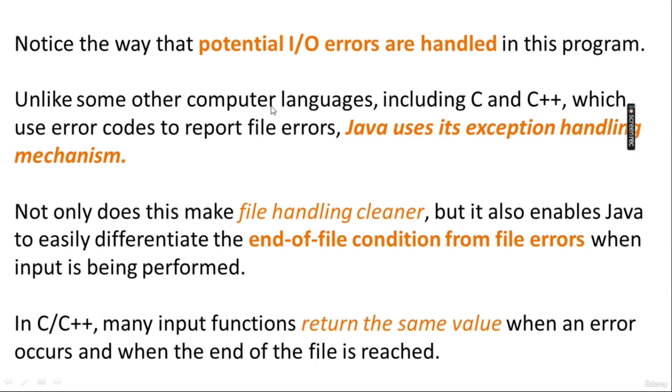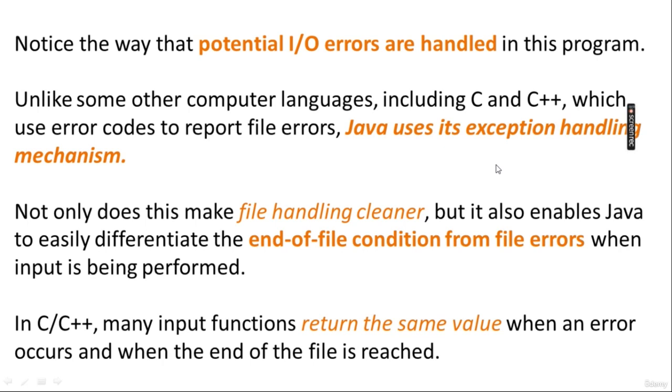The potential input output errors are handled in this program. Unlike some other computer languages, C and C++, which use error codes to report file errors, Java uses an exception handling mechanism. So whatever types of error are created, that code will be written in the try block and the exception will be caught in the catch block.